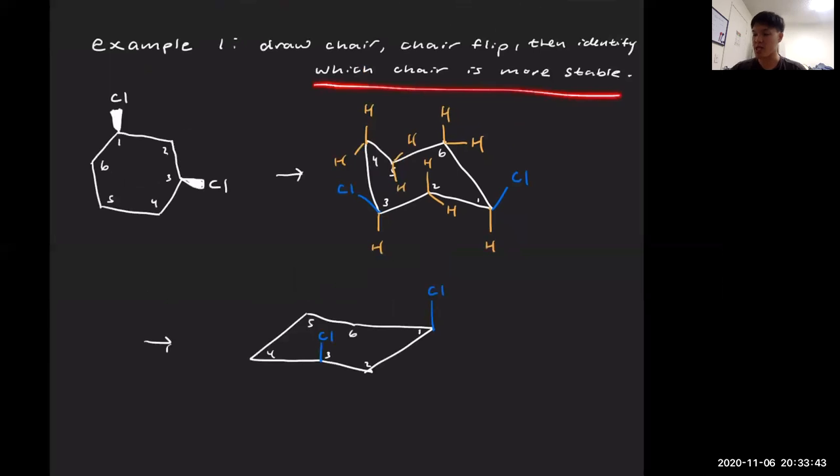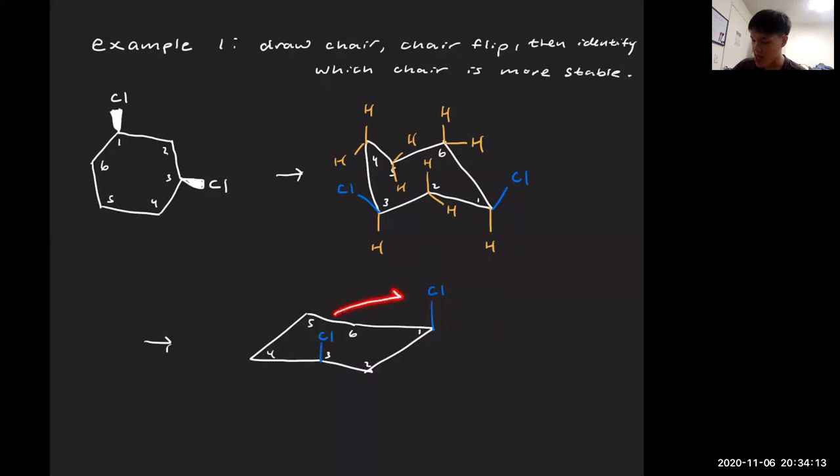So which chair is more stable? If you recall what I said previously, bulky groups like to be in an equatorial position rather than an axial position because there are more gauche interactions in an axial position than in an equatorial position. So in this case, these two groups are in up axial positions.